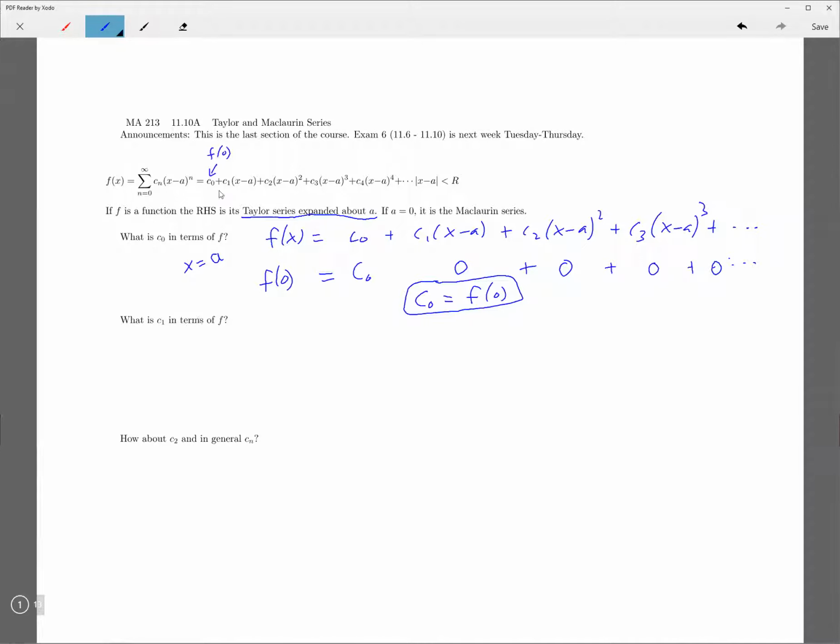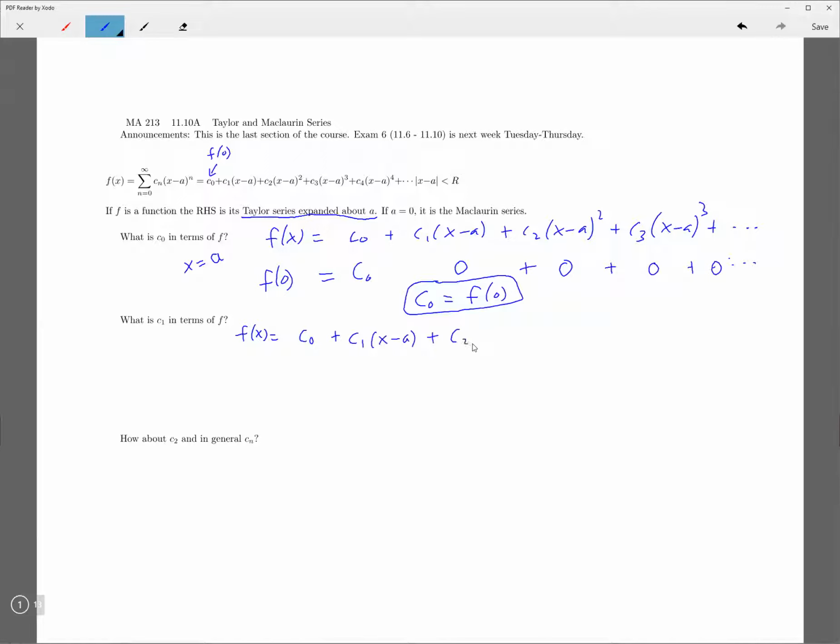Okay, now C1. So what do we have now? We have f of x equals, we know that's f of a, but we'll just write it as C0.